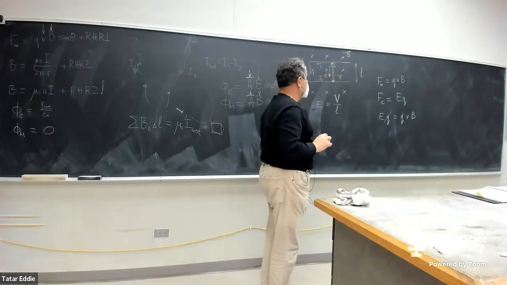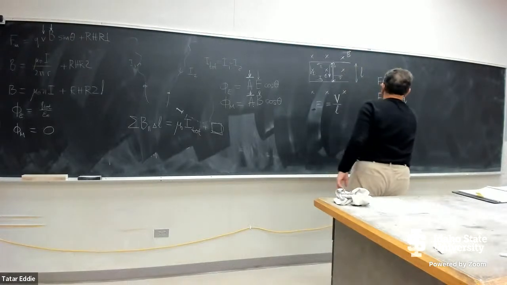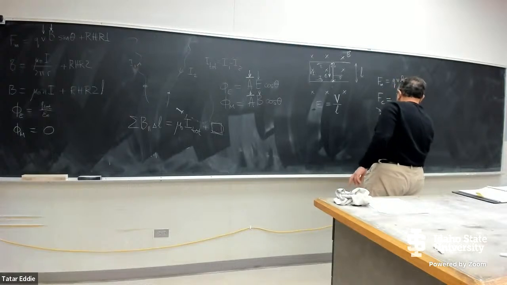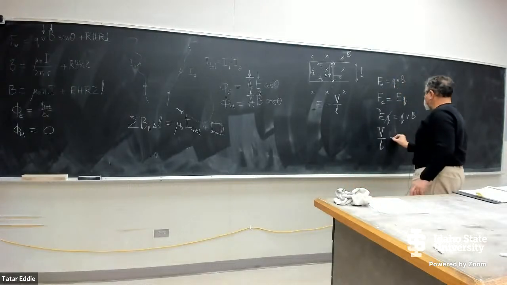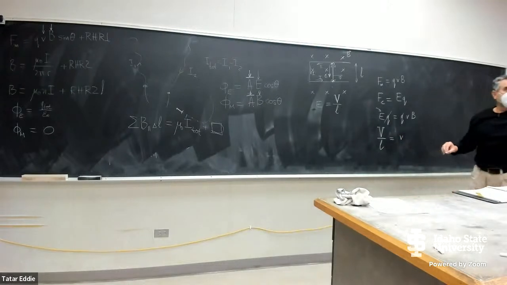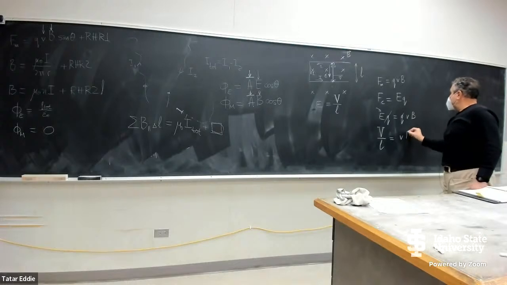Substituting it here, voltage V divided by the length of the wire is equal to the speed of the moving wire multiplied by the magnetic field.